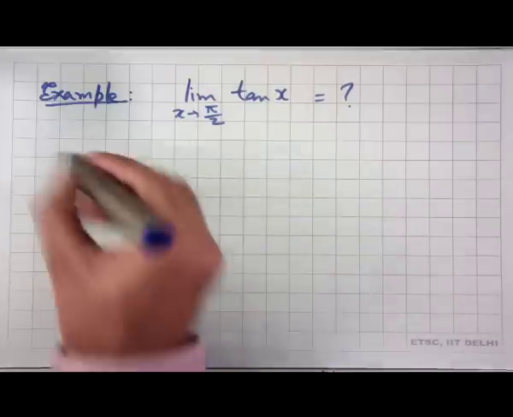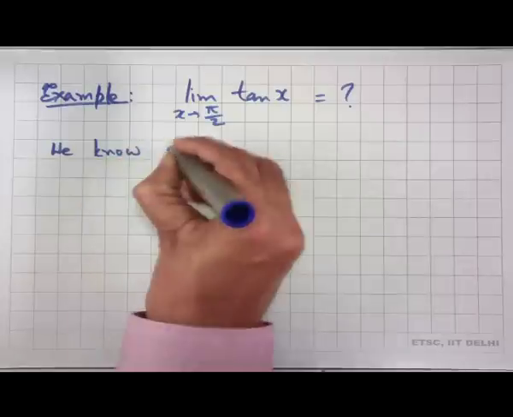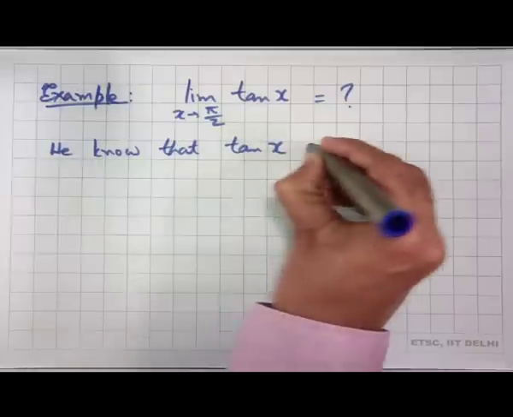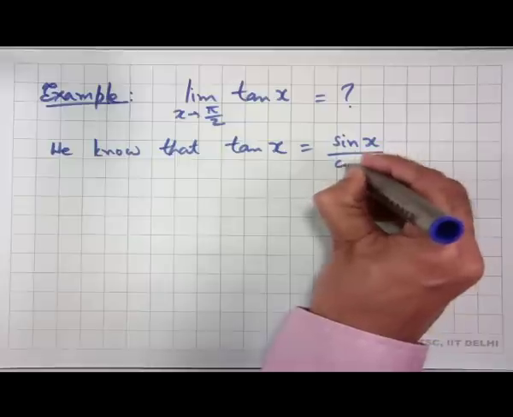We know that tan of x is sin x by cos x.